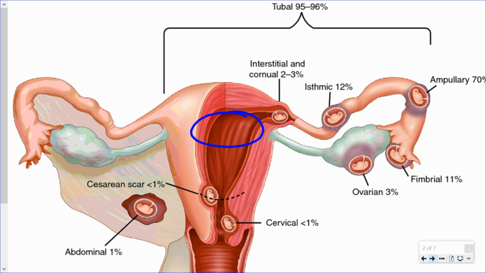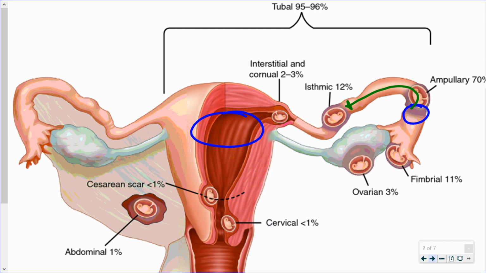Remember that fertilization normally occurs inside of the fallopian tube right about here, and then it's undergoing all of these cleavage mitotic divisions. It's moving in the direction of the uterus, and it should make its way to the uterus, but sometimes, unfortunately, it doesn't, again, for multiple reasons.